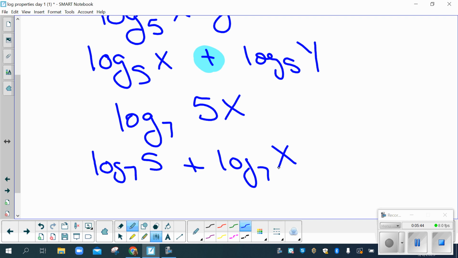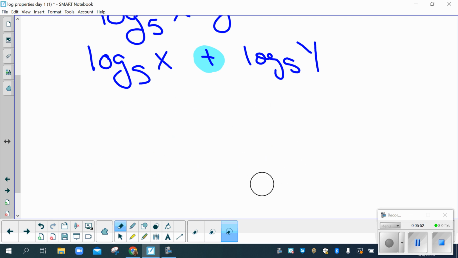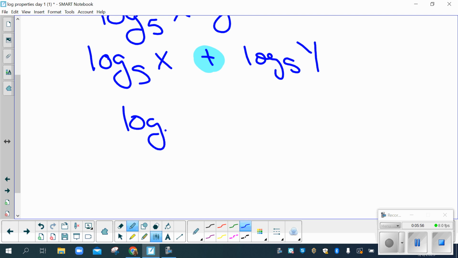How about something that looks like this? Let's get a little bit weirder here if you guys are brave enough. How about log 3 of 5xy. Here's a hint.